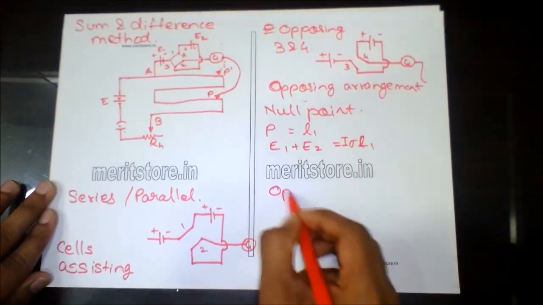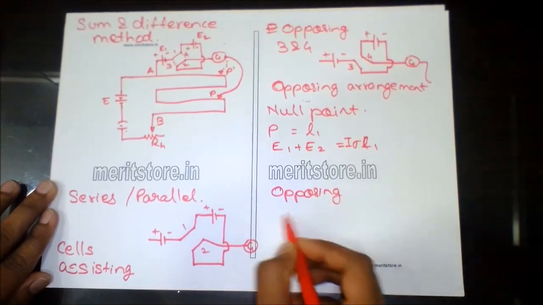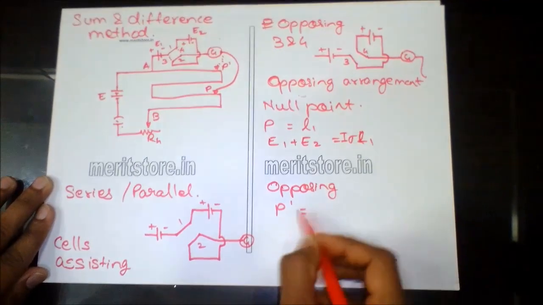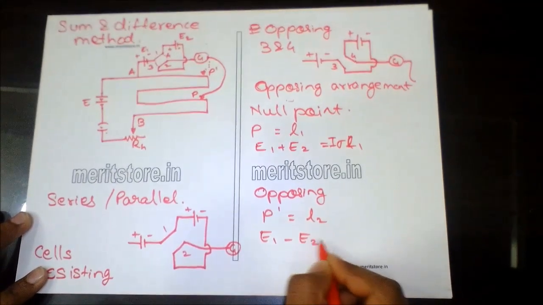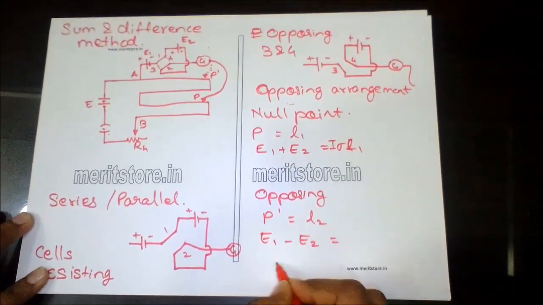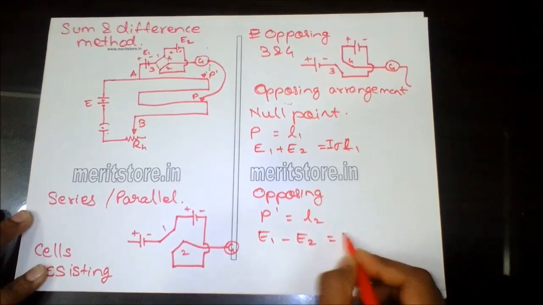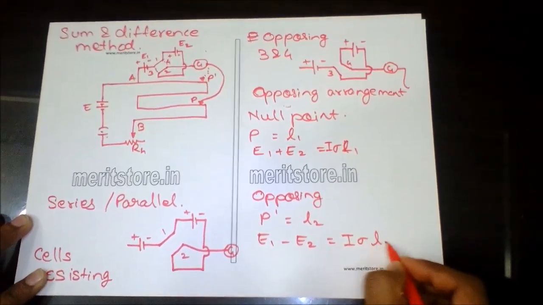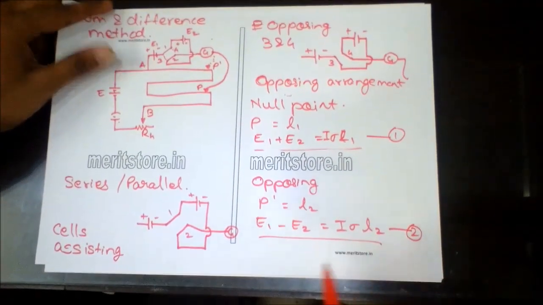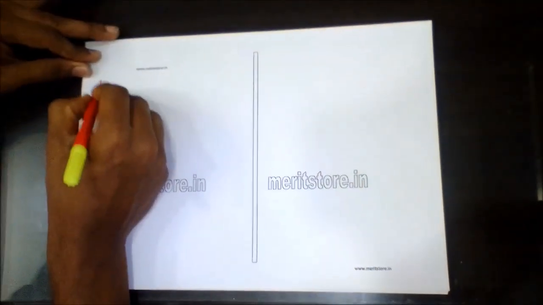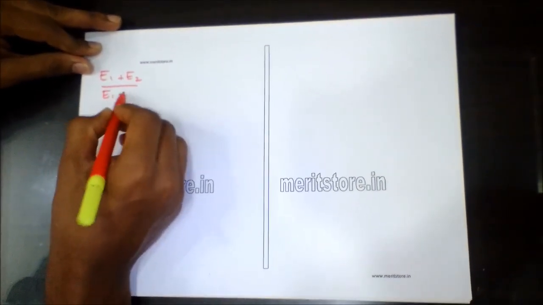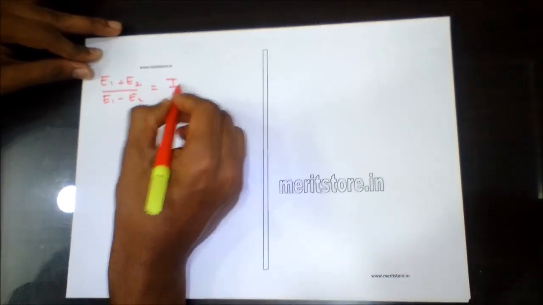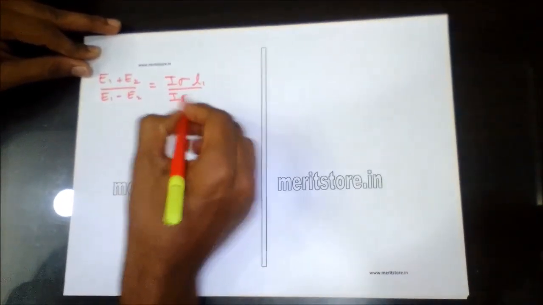Similarly, in the opposing arrangement, if the null point is obtained at P dash, which is at a length of L2, since these cells are in opposing arrangement, there would be E1 minus E2, and that would be equal to I times sigma L2. Now, looking at equations 1 and 2, we can write E1 plus E2 upon E1 minus E2 is equal to I sigma L1 upon I sigma L2.